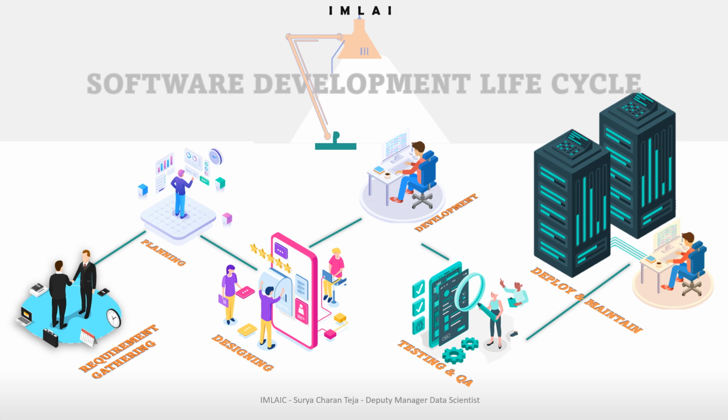Now there are essentially six phases to this methodology that you can clearly see on the screen, and they are as follows. The first one, the most important one, is requirement gathering. Then we will move on to the planning, how to go with the requirements and how we can proceed. That's the second stage.